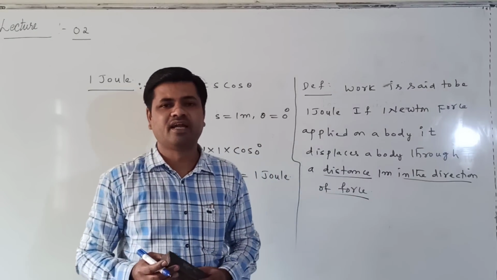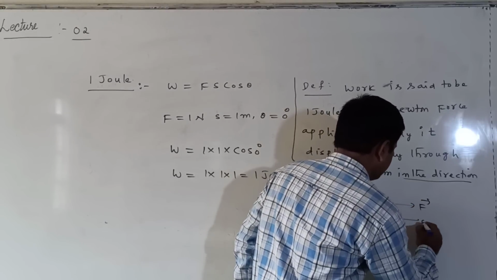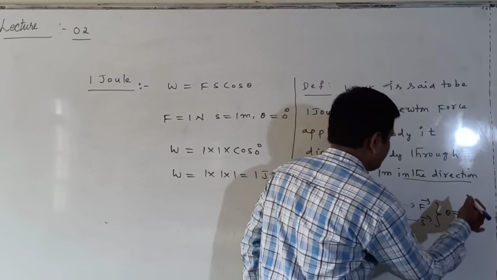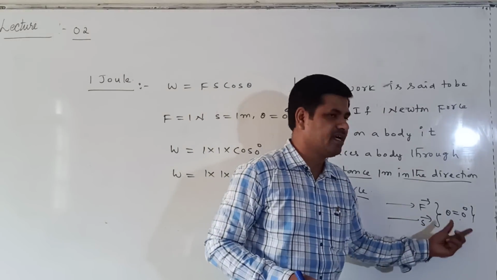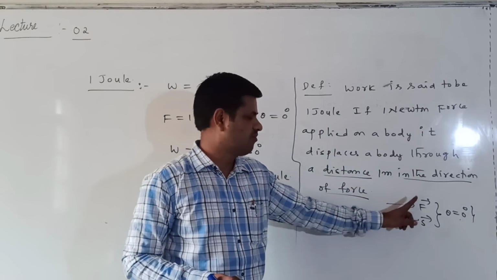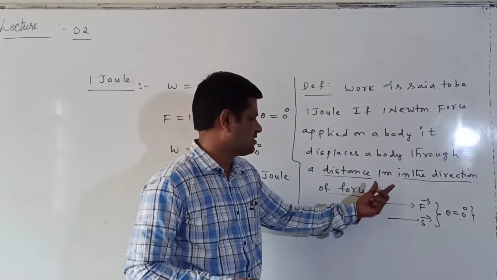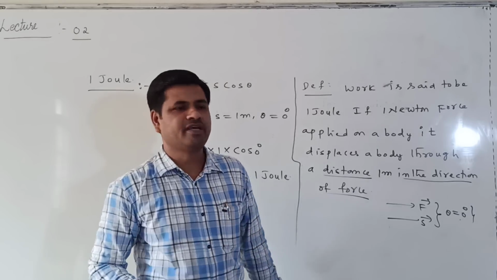What is the meaning of in the direction of the force? Force and distance or displacement are both in the same direction. Same direction means the angle between these two is 0 degrees. F bar and S bar are both in the same direction, theta is equal to 0 degrees. That is the reason we say that the body is displaced in the direction of the force.